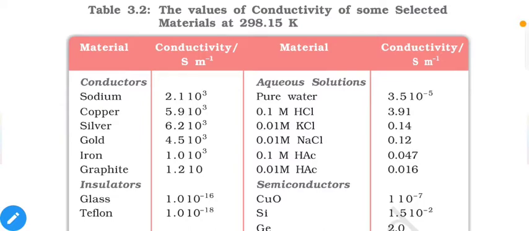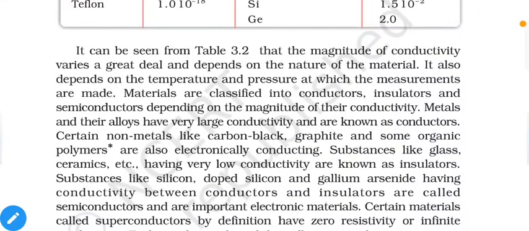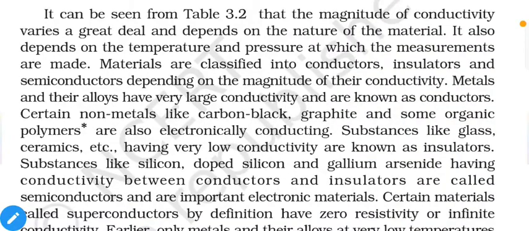Semiconductors lie between the conductors and insulators. From this table we can say that the magnitude of conductivity varies a great deal and depends on the nature of the material. It also depends on the temperature and pressure at which measurements are made. Materials are classified into conductors, insulators and semiconductors depending on the magnitude of conductivity.